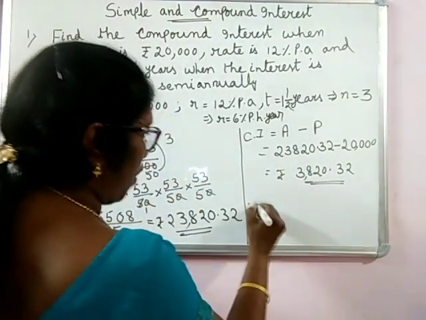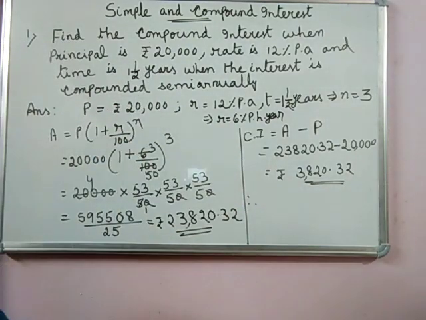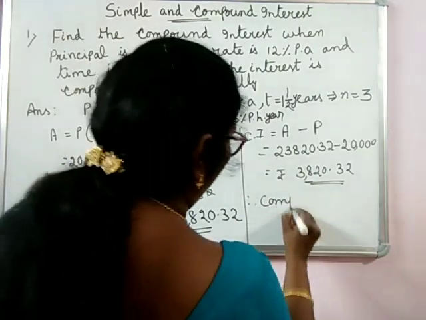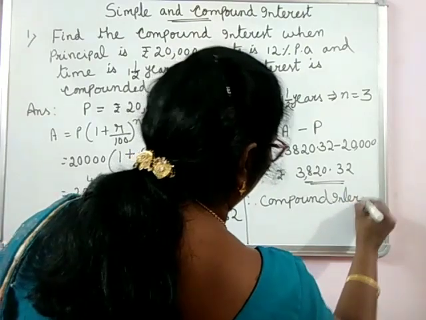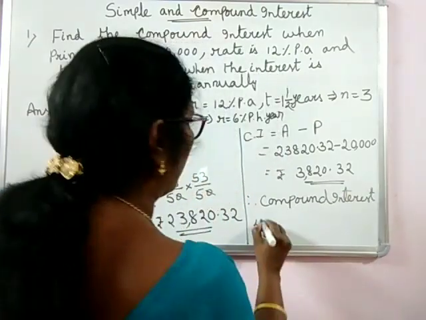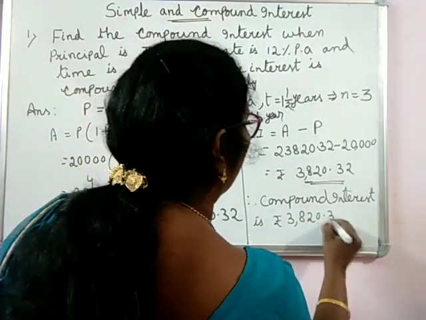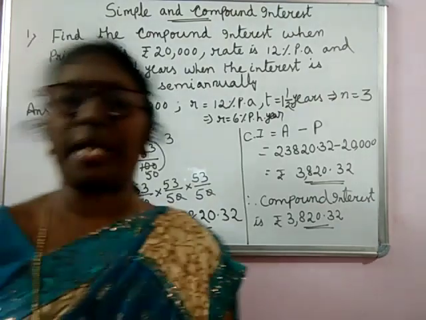So therefore compound interest is 3,820.32 rupees.